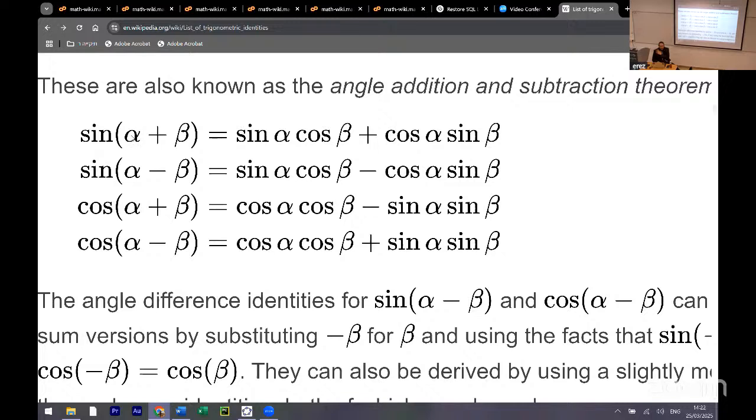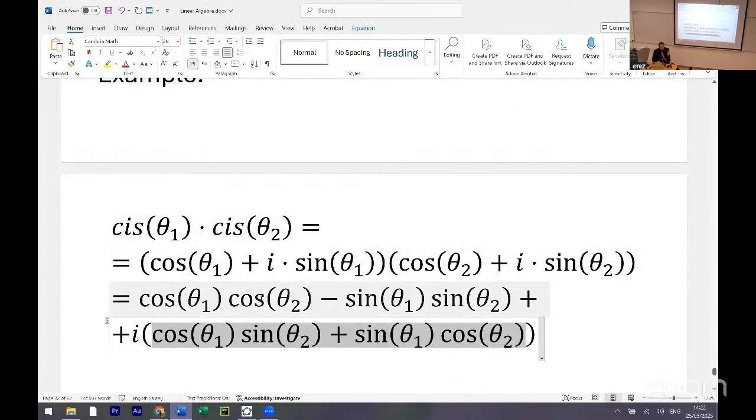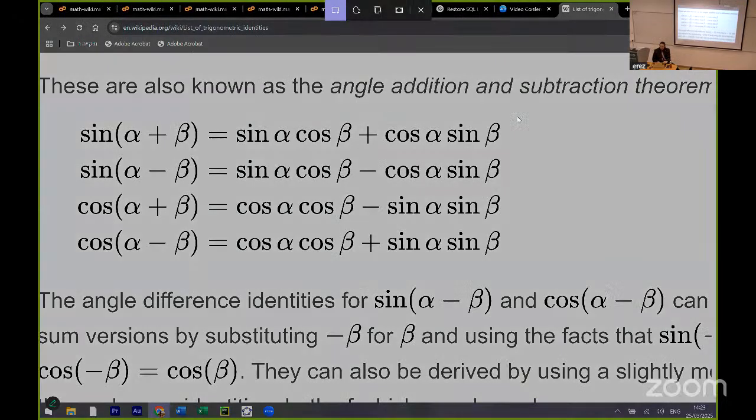And the sine of alpha plus beta is sine alpha cosine beta plus cosine alpha sine beta. This is exactly what we have here: cosine minus sine, and cosine sine plus sine cosine. I will copy it so you will have it.